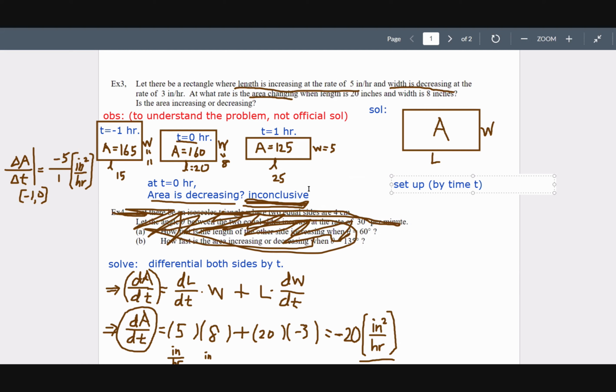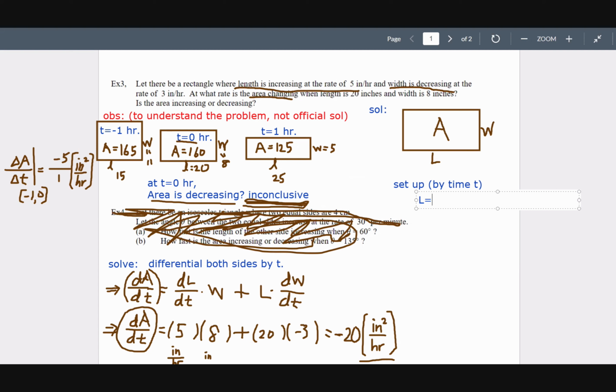First of all, what is the equation here? What is W here? In this case, we want to express everything by time. So let's look at L. L is going from 15 to 20 to 25.